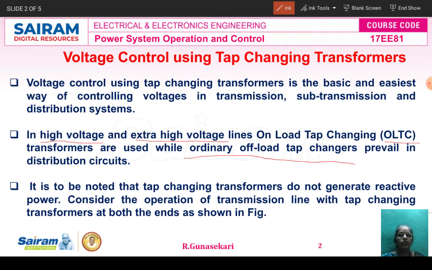Now, the tap changing transformers do not generate reactive power. This is very important. I already told you, the transformers always absorb the reactive power only, because only the generator generates power.